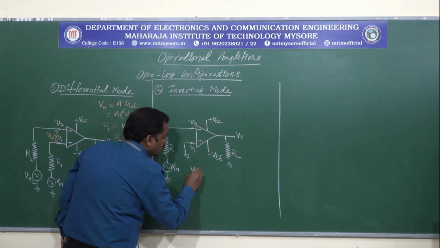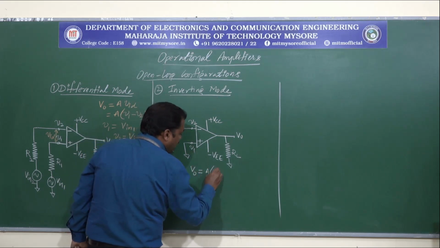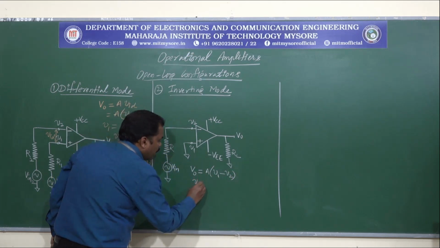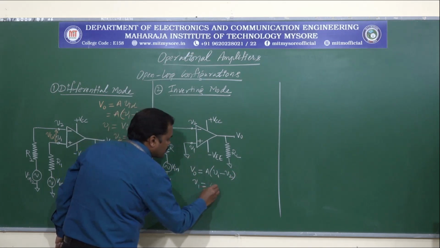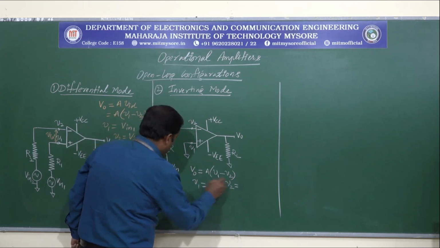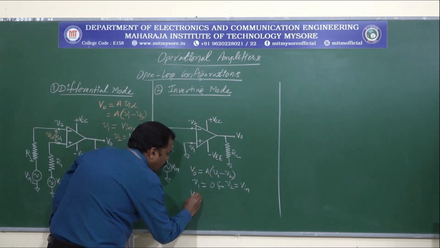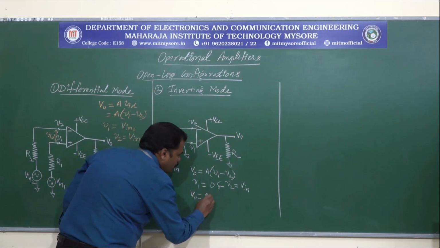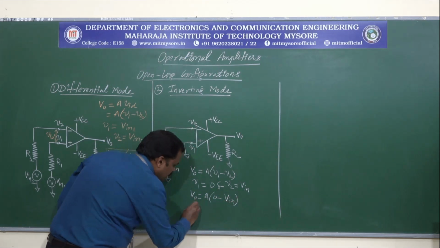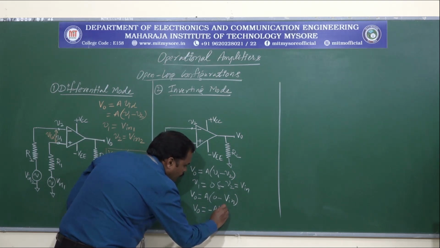Now let us write the expression for output voltage. Generally what we have is A into V1 minus V2, but V1 we have 0 because it is at ground potential, and V2 is connected to Vin. So the output voltage V0 will be equal to A into 0 minus Vin, which is nothing but V0 equals minus A into Vin.